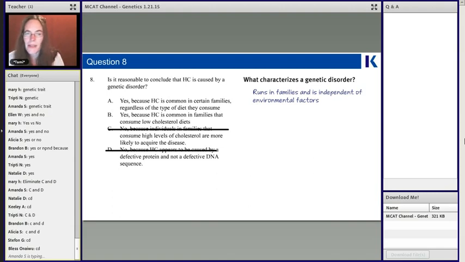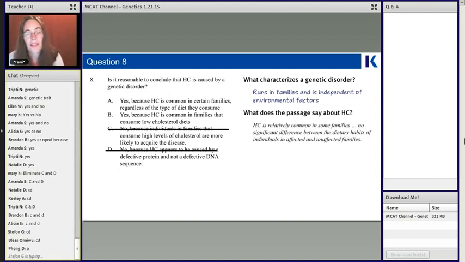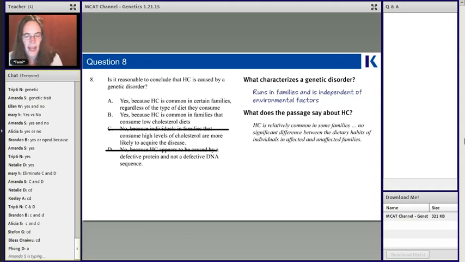So what we eat doesn't matter if we have this in our family. Now, our passage, what does it say about HC? They said it's relatively common in some families, with no significant difference between the dietary habits of individuals in affected and unaffected families. So we need to know why.